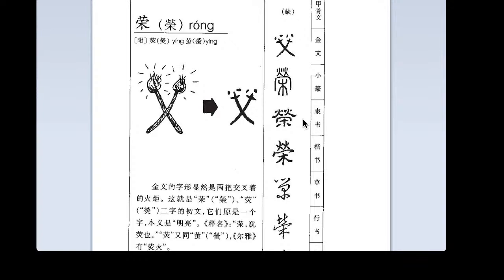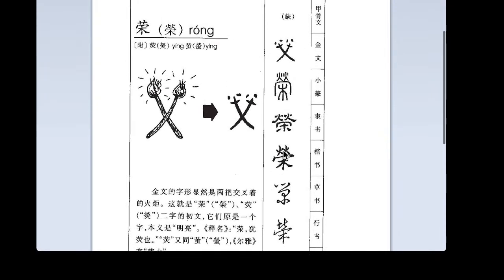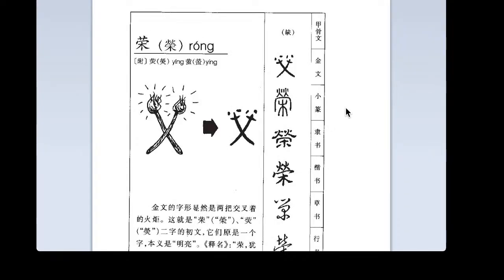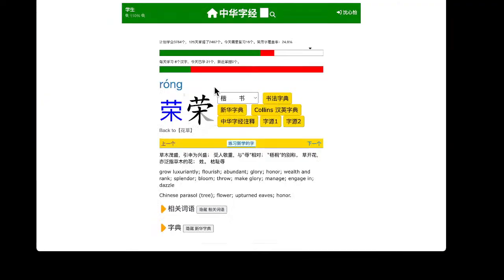Because of that, they use two crossing torches to mean this is bright. Okay, and so later on, they always kept the torch on the top, and also put the wood, the mu, on the bottom, to mean that's the torch's handle. Okay, so it's called rong.